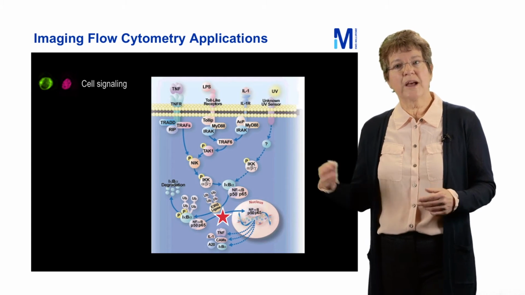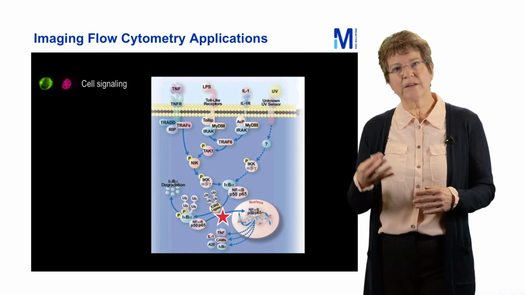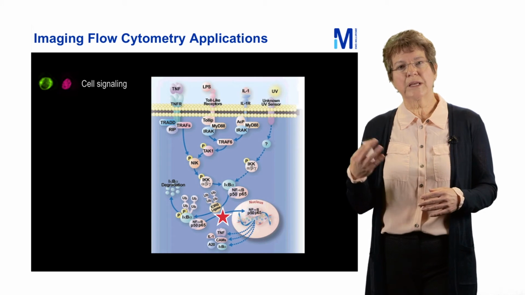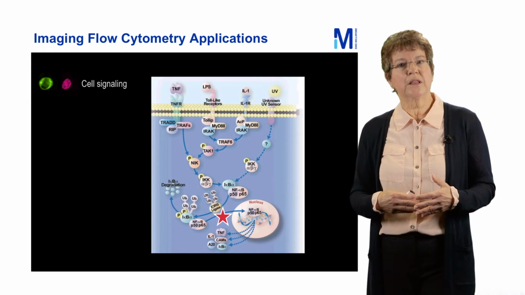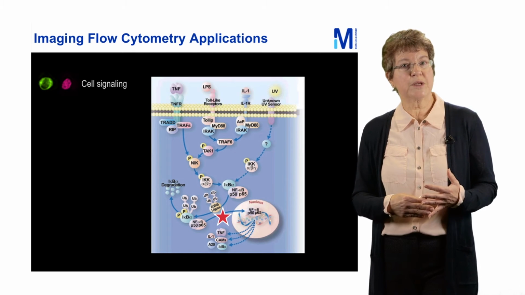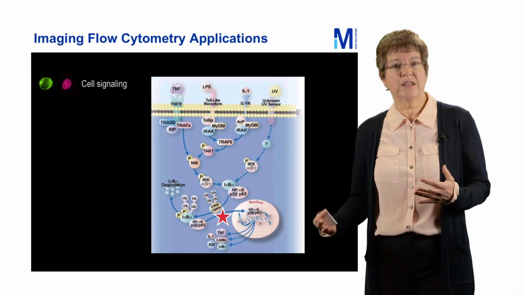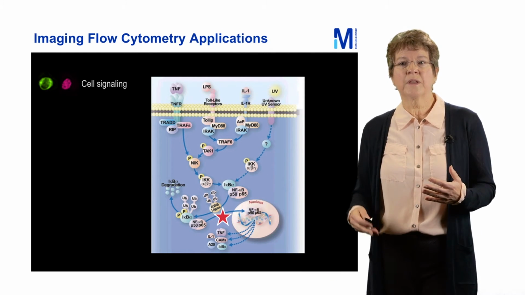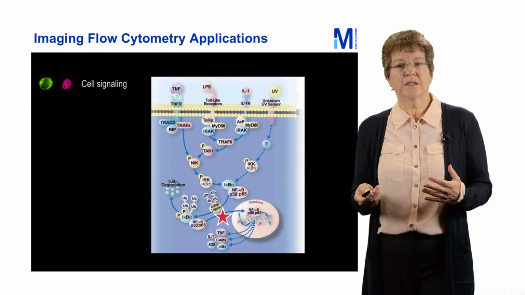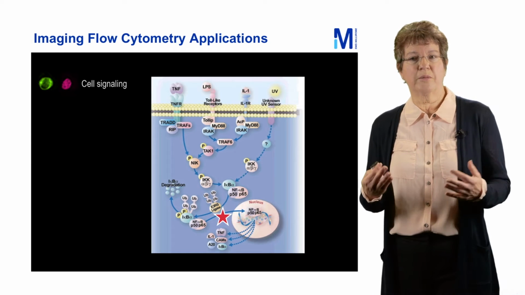The signaling from the outside of the cell going through into the cytoplasm, this cascade of events that happens that culminates in the interaction of the NFkB and IkB, that phosphorylation event of the NFkB, then releases it to be moved into the nucleus, then binding to the DNA and activating the cell, and then all the downstream events that happen. The NFkB is one of the most published of our applications.